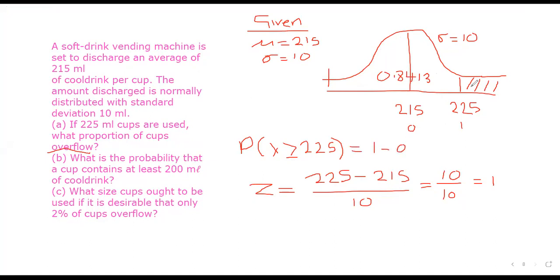Subtract from 1, because the shading is small. So 0.8413, when you subtract from 1, what are we getting? 0.1587. You can leave it like that, or a proportion is a percentage. You can say 15.87% will overflow.